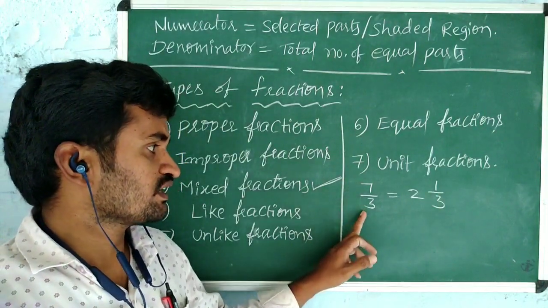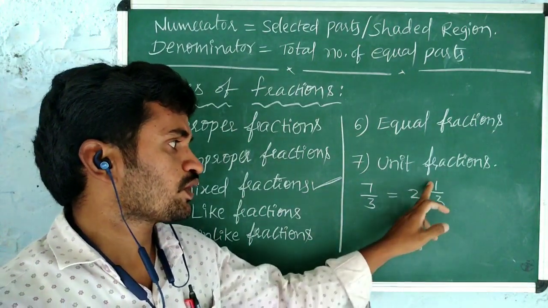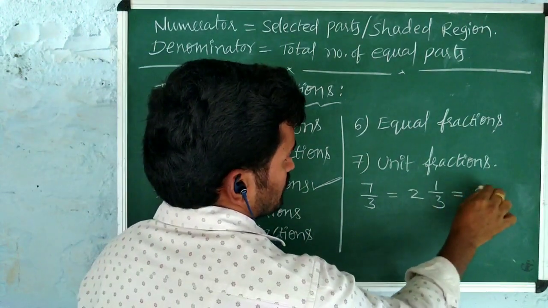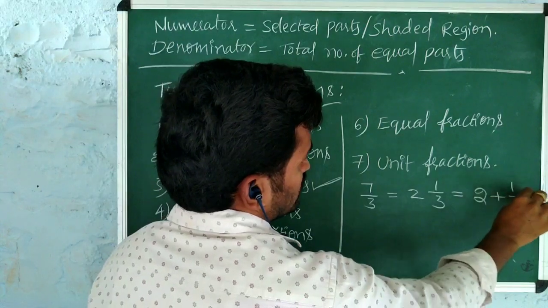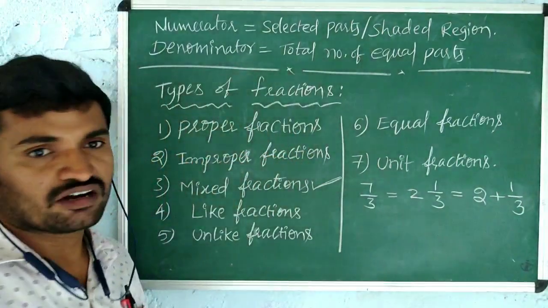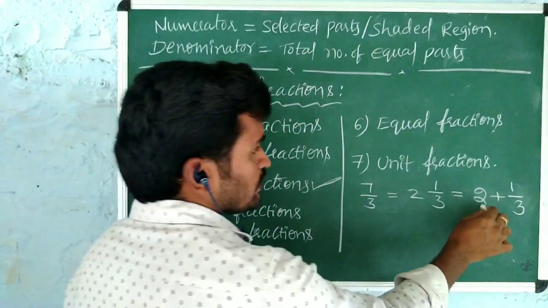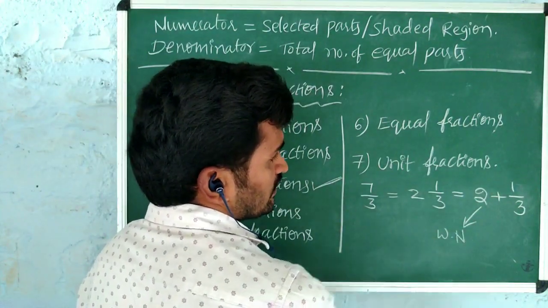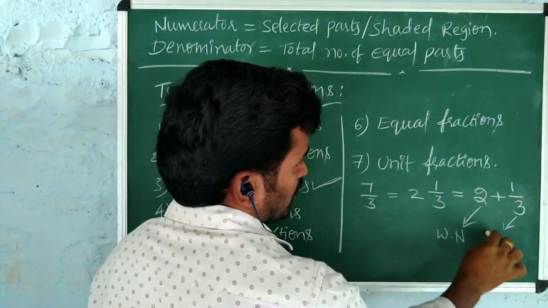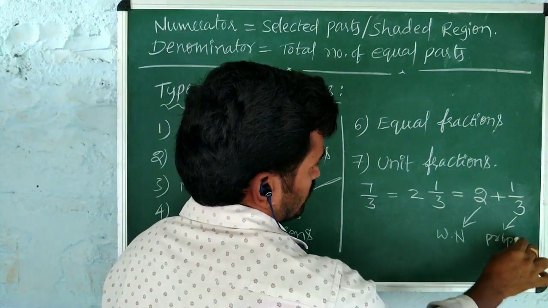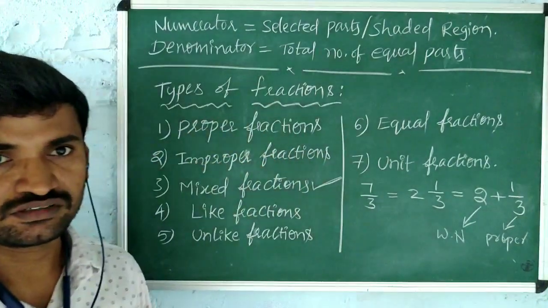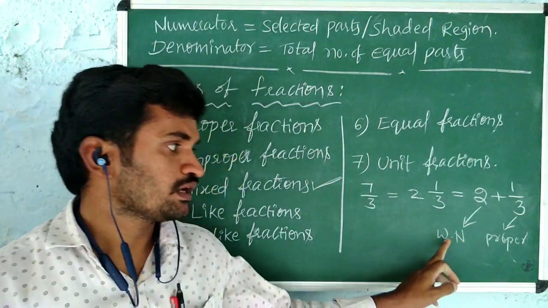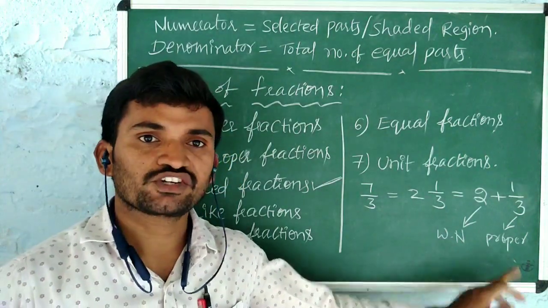So 7 by 3 we can write as 2 1 by 3. This mixed fraction we can write as 2 plus 1 by 3. Here 2 is a whole number, 1 by 3 is a proper fraction. So mixed fraction definition is the combination of a whole number and proper fraction.